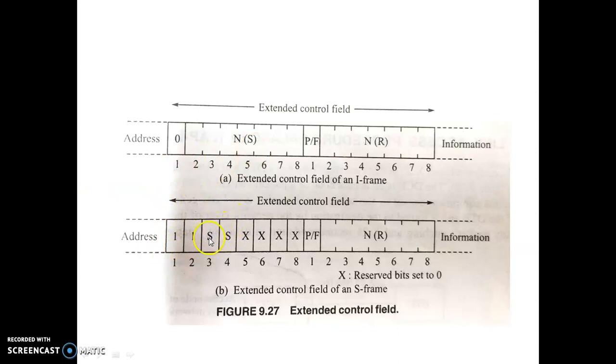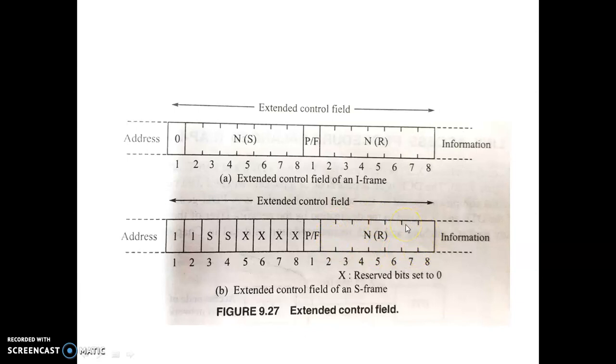Okay, and the only difference is that here, since we are using a 7-bit numbering scheme, NR, whatever acknowledgement it is, will be the acknowledgement number for this acknowledgement. For example, reject 1. Okay, so since we are using 7-bit numbering scheme, this also will be increased to 7 bits. It is very simple.